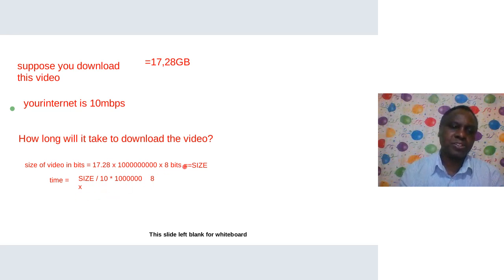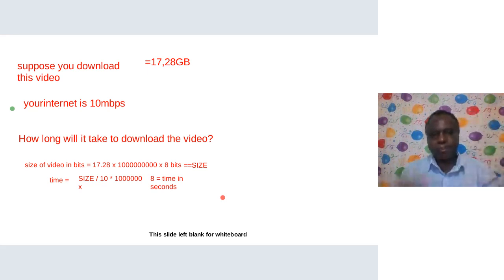It's a division. Whatever you get here, you divide by 10 times a million times 8. Instead of talking in megabits, this is now ordinary bits. These bits are being transferred per second, so this calculation should give us time in seconds.